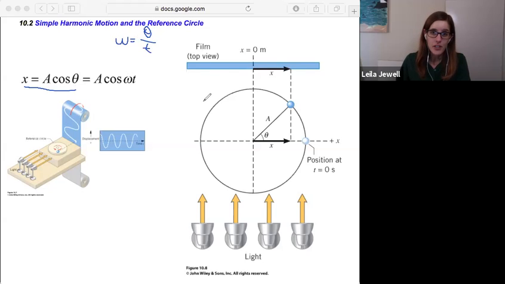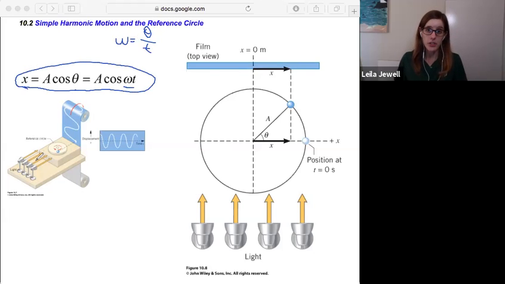So instead of writing it in terms of the angle theta, we can fill this in as omega t, the angular speed times the time. So this is how we will know at any given instant the displacement of our spring. Anytime any object is in simple harmonic motion, the displacement is given by the amplitude times cosine of omega, the angular speed, times time.